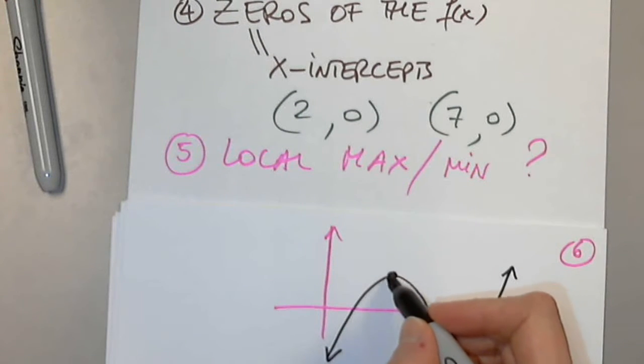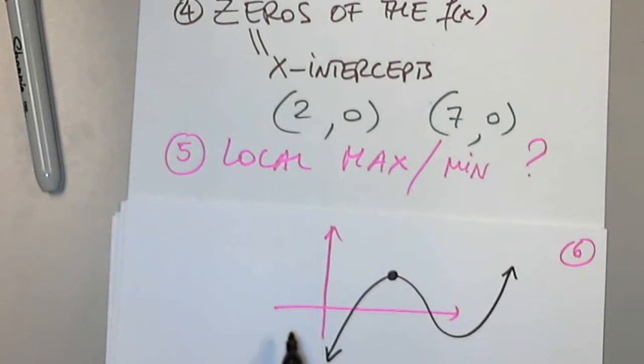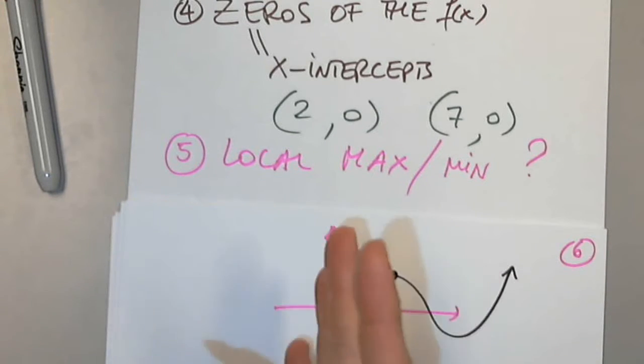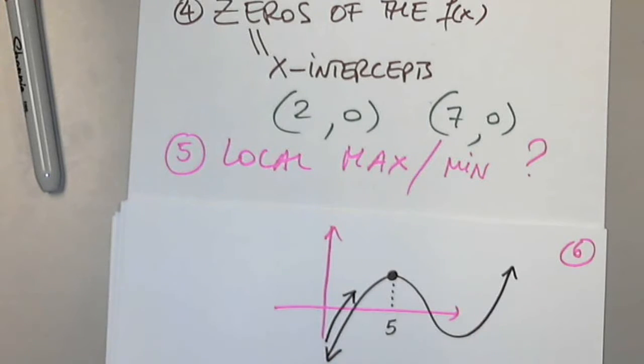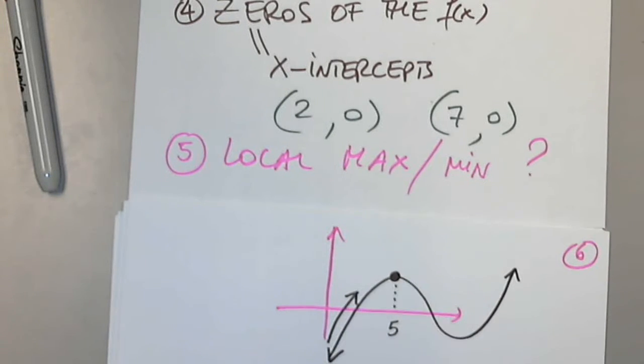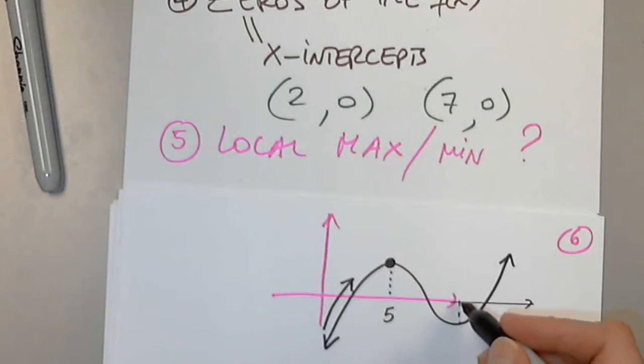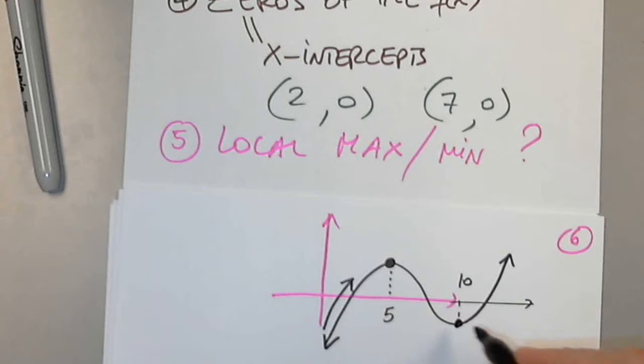Would you agree that for any x value to the left of 5, the function is increasing? So between negative infinity and 5, the trend of the function is increasing? Good. Let's say this is 10.